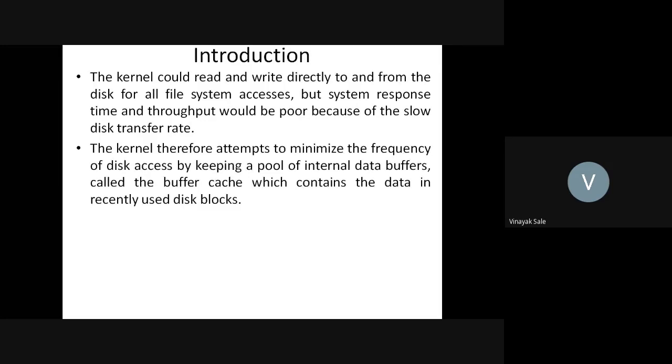That is why there is a buffer cache, so that data transfer from one file to another through the buffer cache takes less time and the output rate increases. The kernel therefore attempts to minimize the frequency of disk access by keeping a pool of internal data buffers, called the buffer cache, which contains data in recently used disk blocks.